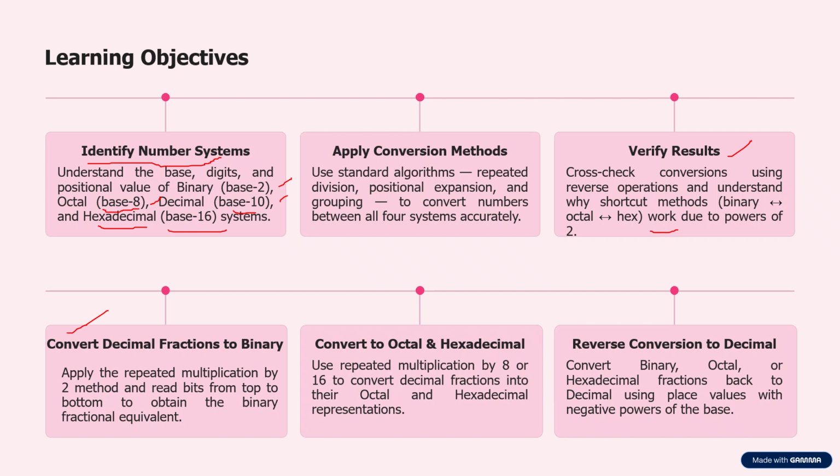We use repeated multiplication by 8 or 16 to convert decimal fractions into their octal and hexadecimal representations. For converting decimal fractions to binary, we apply the repeated multiplication by 2 method and read bits from top to bottom to obtain the binary fractional equivalent.